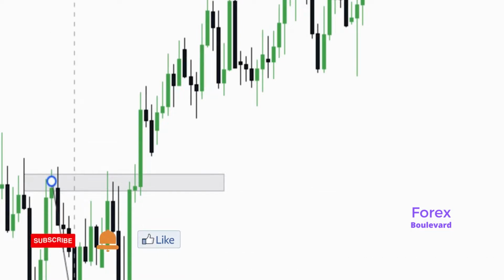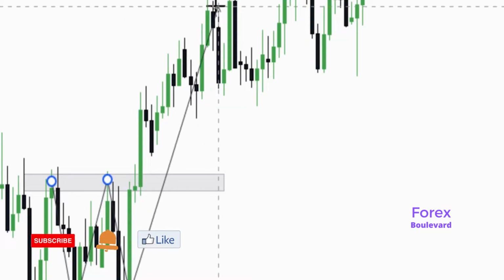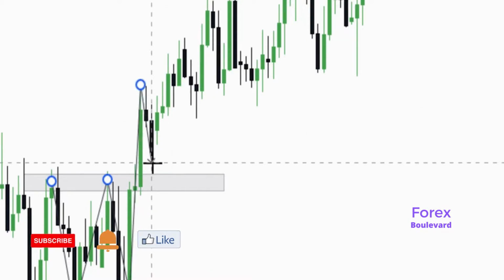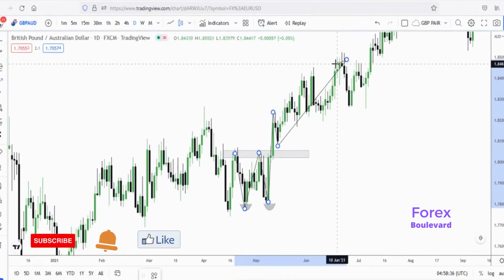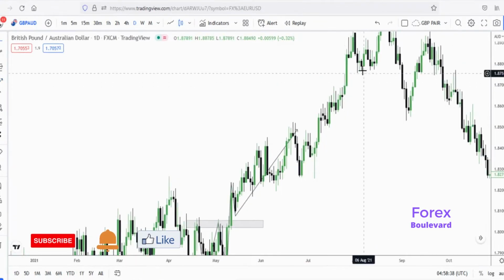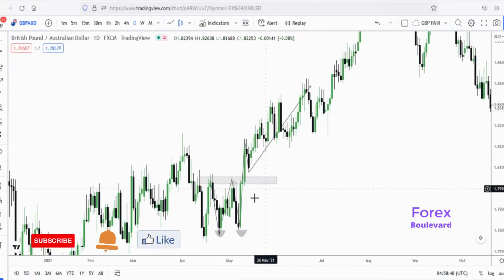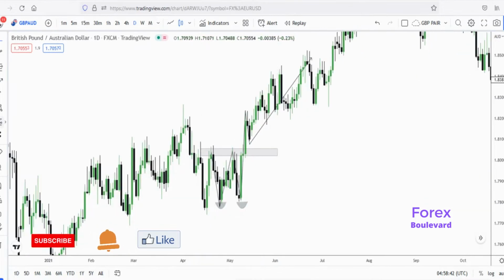It came to the bottom here, up, and to the bottom here, and then we had this break here, came back, and then pushed to the upside. So all these moves to the upside emanated from this guy here. That's the double bottom.